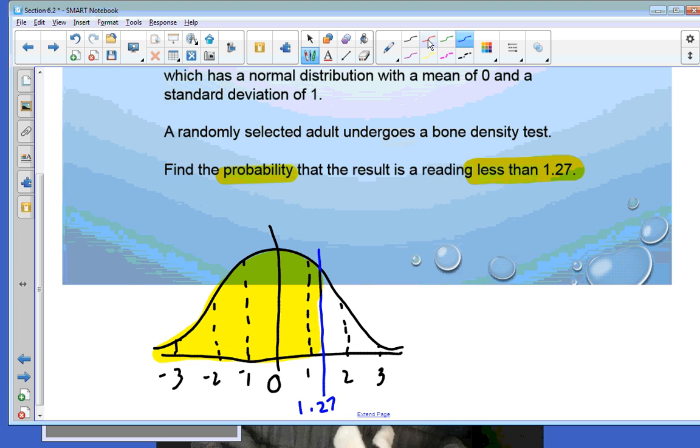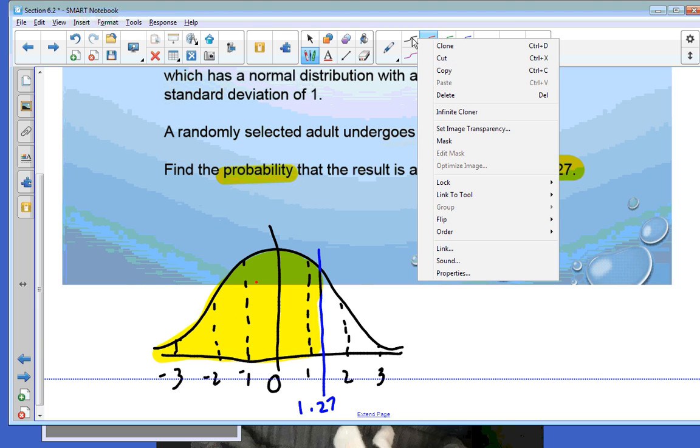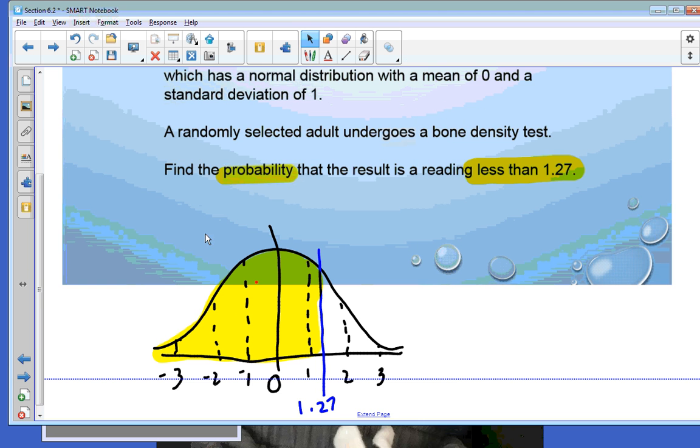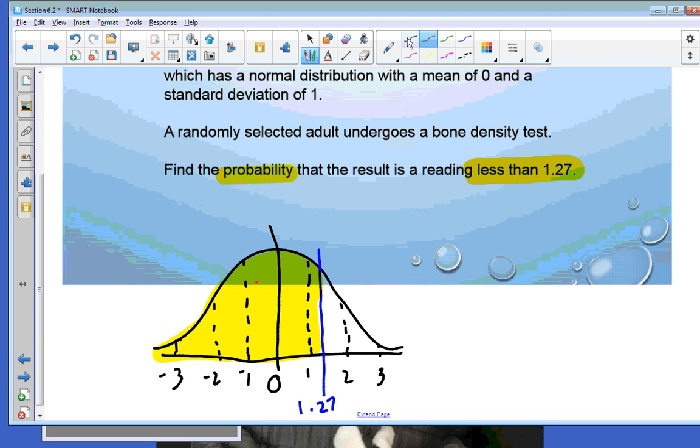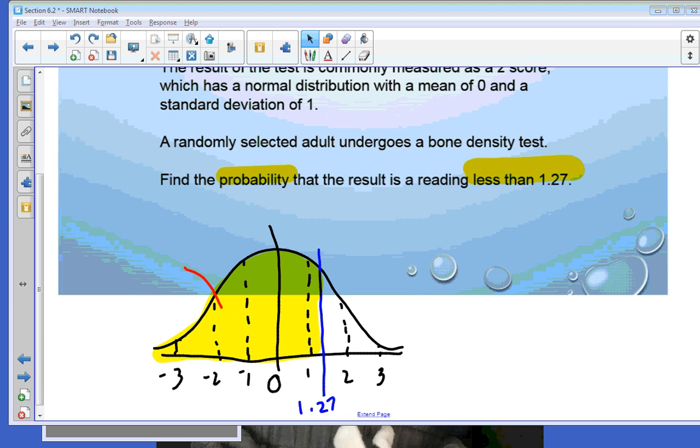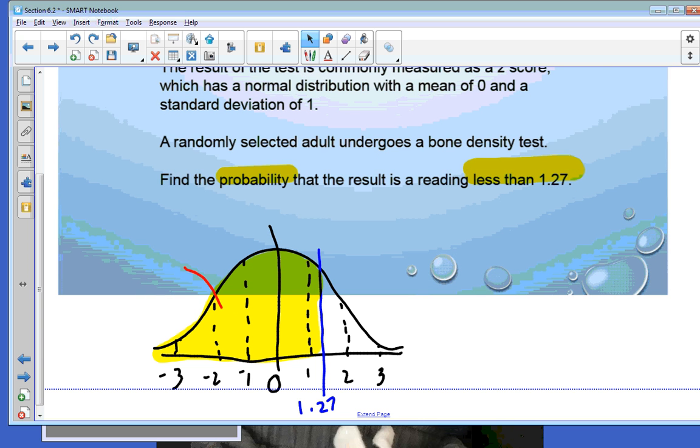So we found that the area under the curve was 0.8980. That's an 8, not a 9.